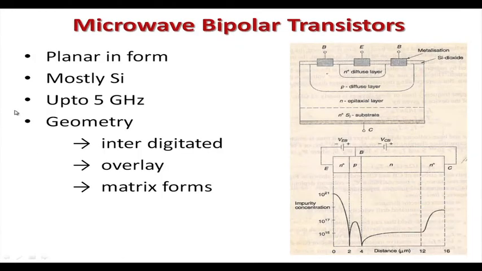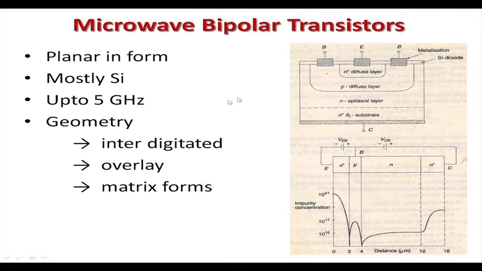So, microwave bipolar transistors, let us see, are planar in form. This is the structure, this is the array, mostly silicon, and up to 5 gigahertz they work. Geometry for the monolithic version can be interdigitated, overlay or in matrix forms.